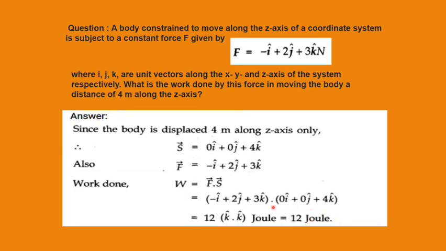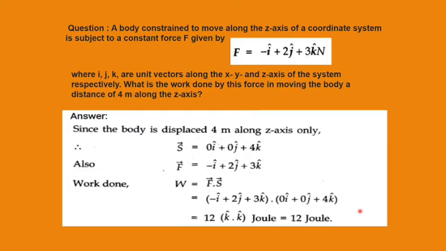Depending upon the question, they may have the displacement along the x and y direction also, then you are supposed to take all the multiplications and add up the things. So in this particular case, it is 0 plus 0 plus 12 and I am getting the result equal to 12 joule. So for the dot product of vectors, either they can give you in terms of theta or they can give you in the component form.